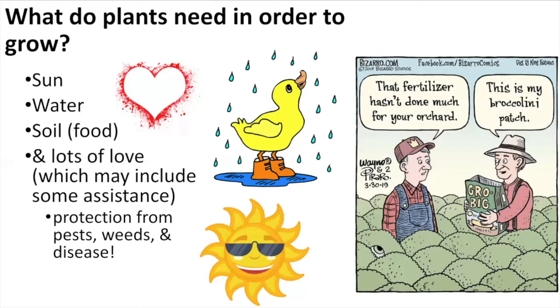Let's look over to the cartoon. What is that guy in the ball cap, the man on the left, trying to say? You're going to have to put the right fertilizer on for the right crop. Here we got the guy on the left.